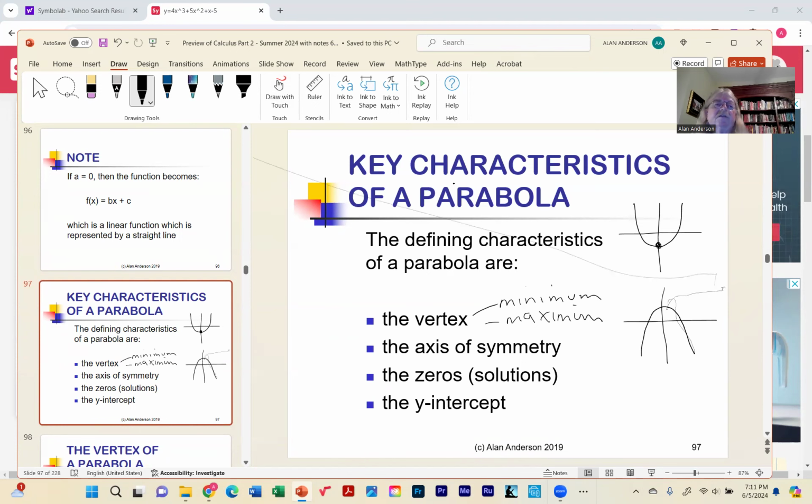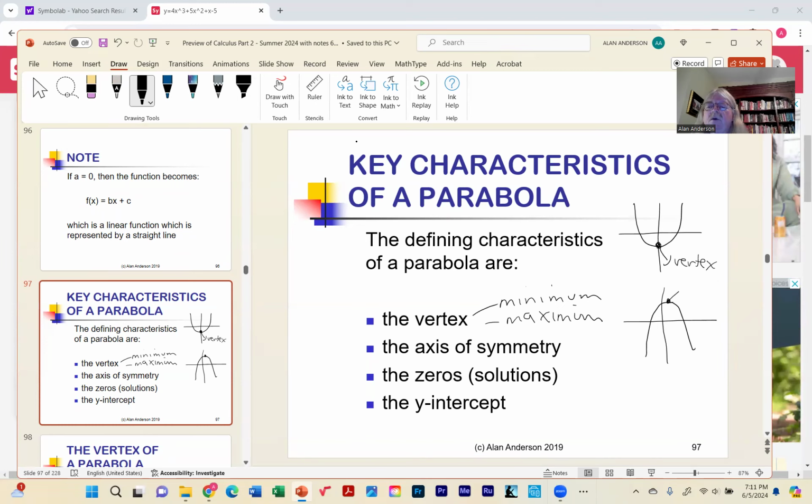And as I mentioned yesterday, if the parabola faces up, the vertex is the minimum point. If the parabola faces down, of course, the vertex must be the maximum point. But there has to be one, and there's one unique vertex.